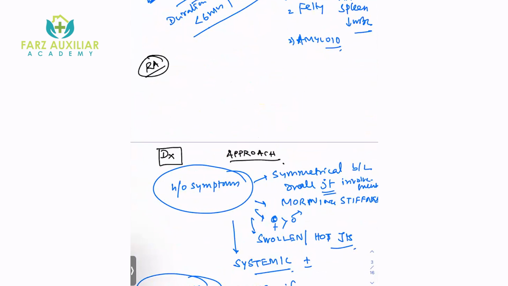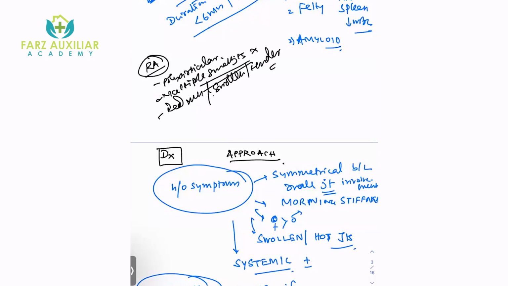It is more likely to be rheumatoid arthritis if it is polyarticular, and if multiple small joints are affected, if there is redness, swollen, tender joints and their number is more, if CRP, ESR are high. These are the markers.